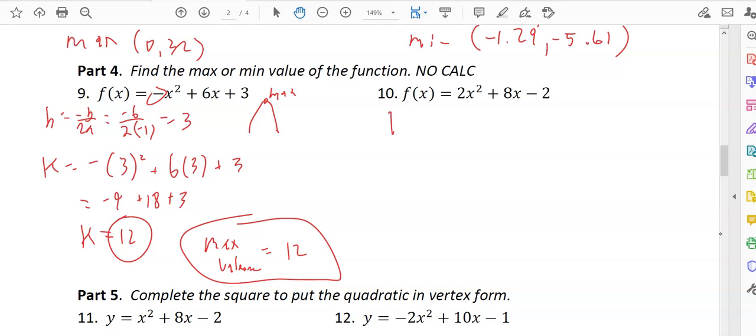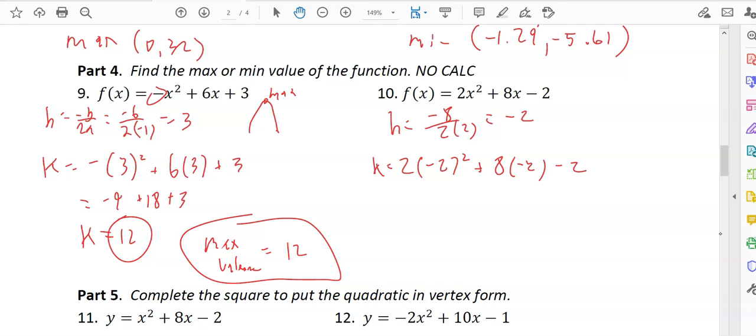This one, again, H equals opposite B over 2A is, let's see, 8 over 4 is 2, but that's going to be negative 2. So now we're going to plug in negative 2 for our K value. It's going to be negative 2 squared in parentheses plus 8 times negative 2 minus 2.